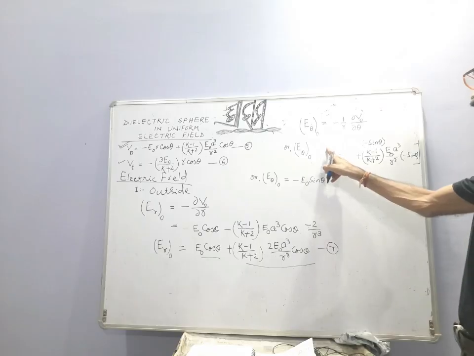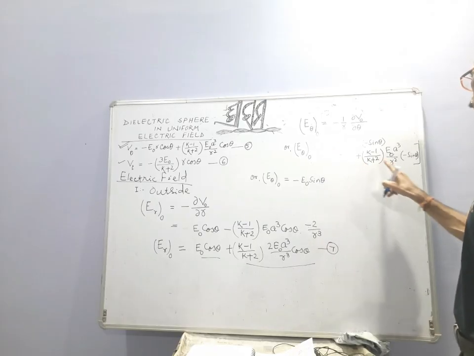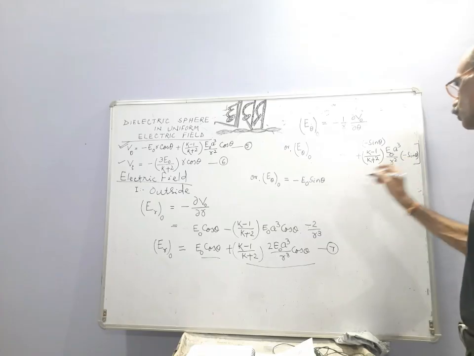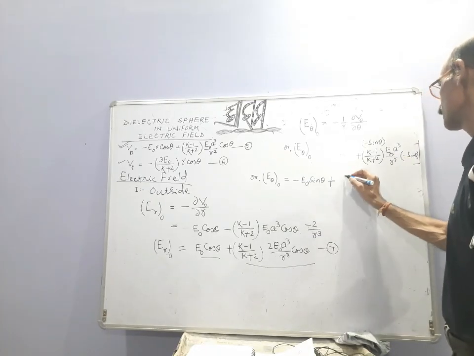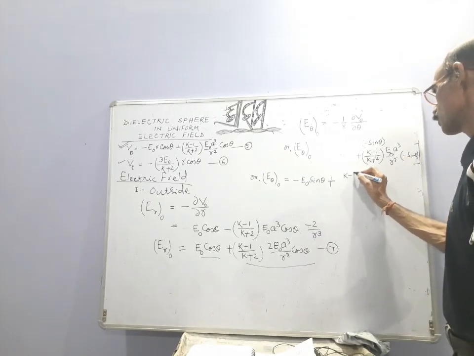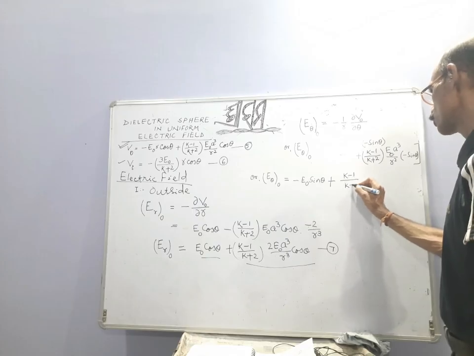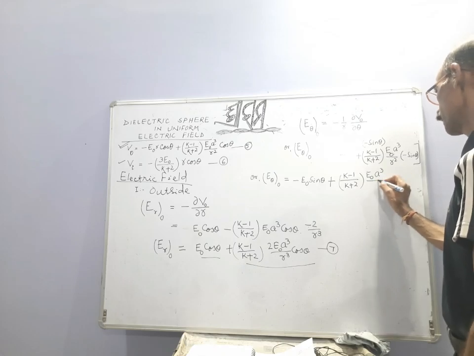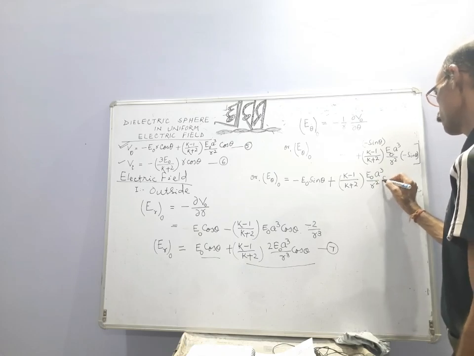Then this minus plus this minus, and here is minus before sin theta, so it becomes plus (k minus 1) by (k plus 2) E0 a cube by r cube sin theta.